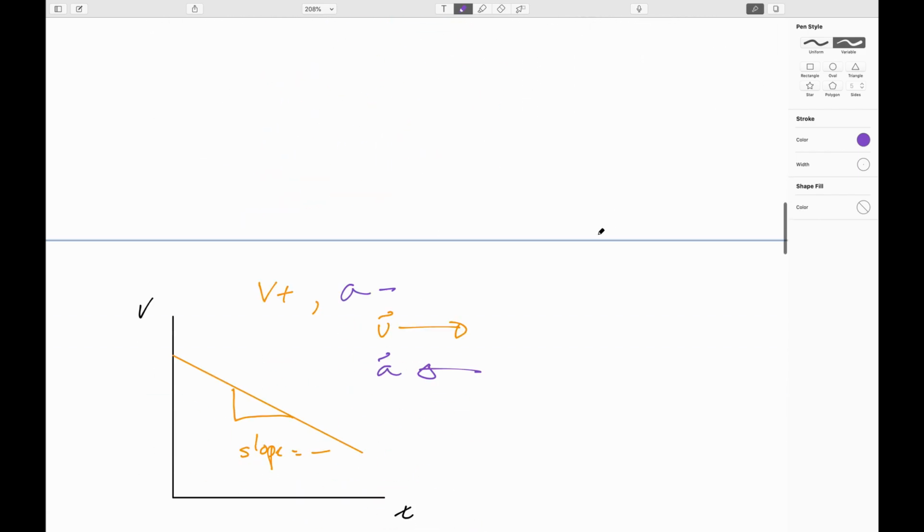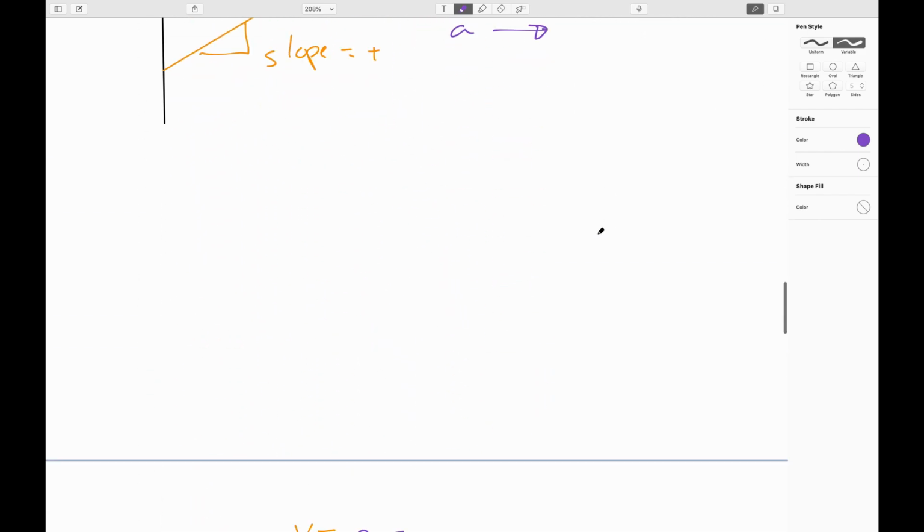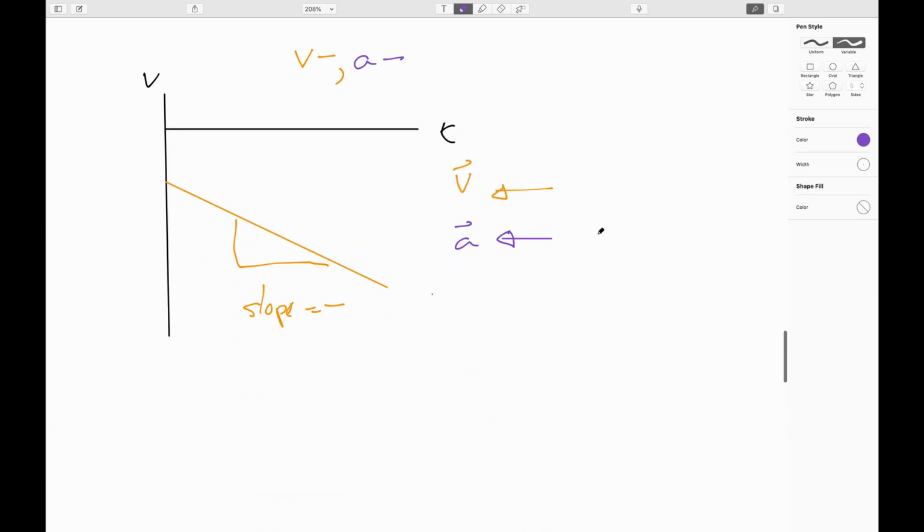The way I like to think about it is, I found it useful to say if the acceleration is positive, that means that the velocity is becoming more positive. It could either be big negative numbers becoming smaller negative numbers, that would be more positive, or small positive numbers becoming bigger positive numbers, that would work.